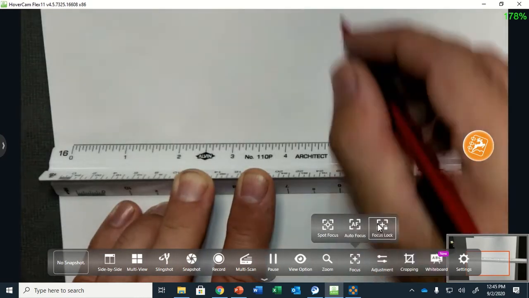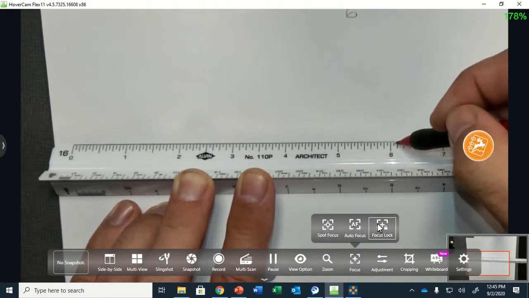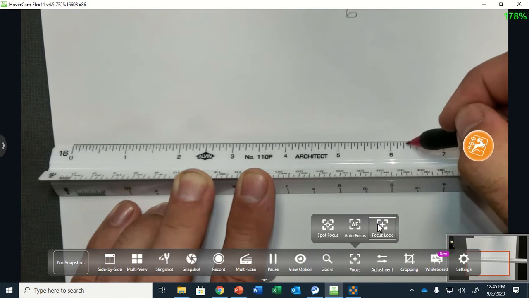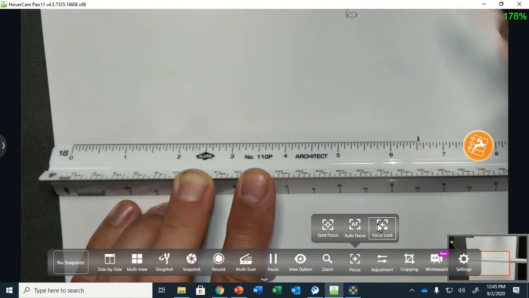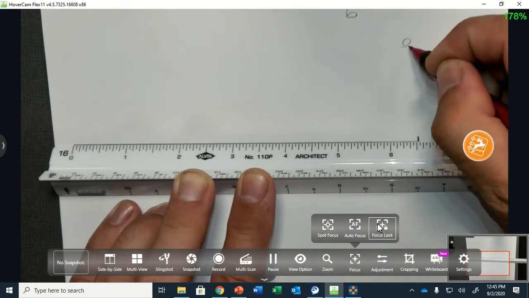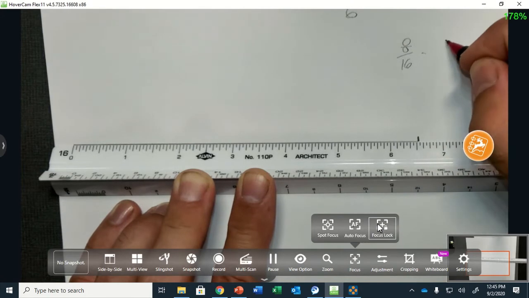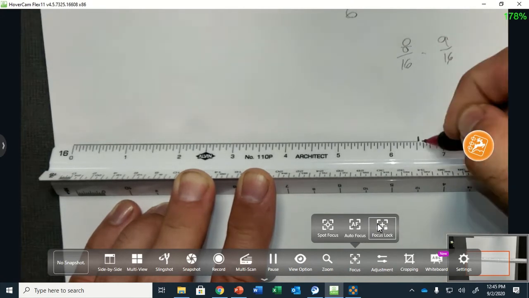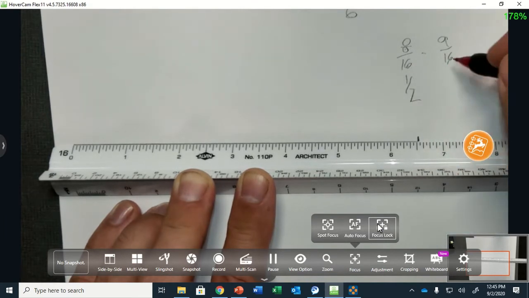Okay, so I have 6, right? So I know this is 1, 2, 3, 4, 5, 6, 7, 8. It's between 8/16 and 9/16. That's where that line falls, right? 8/16 reduces down to 1/2.